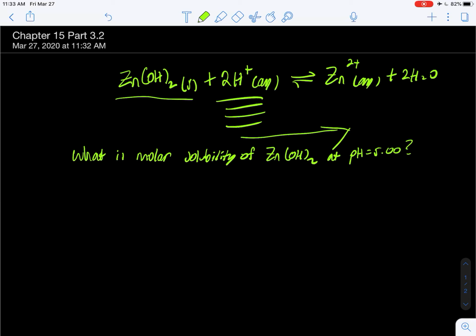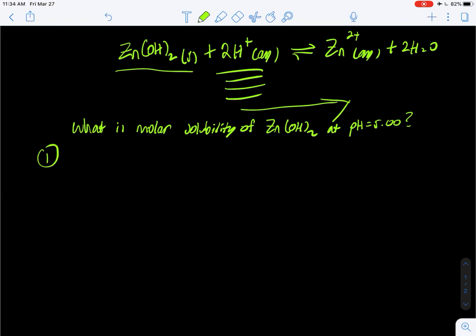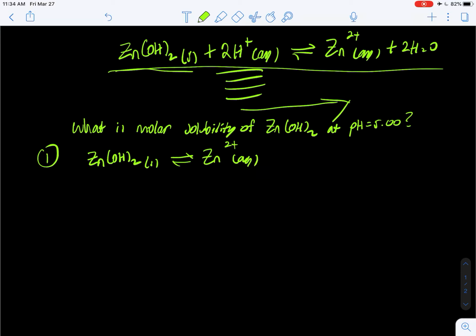Now, there's a couple of different things we need to do. We need to figure out what is the equilibrium constant for this chemical equation. Okay, so first we start off with the zinc hydroxide. Zinc hydroxide is in equilibrium with zinc ions and two hydroxide ions.